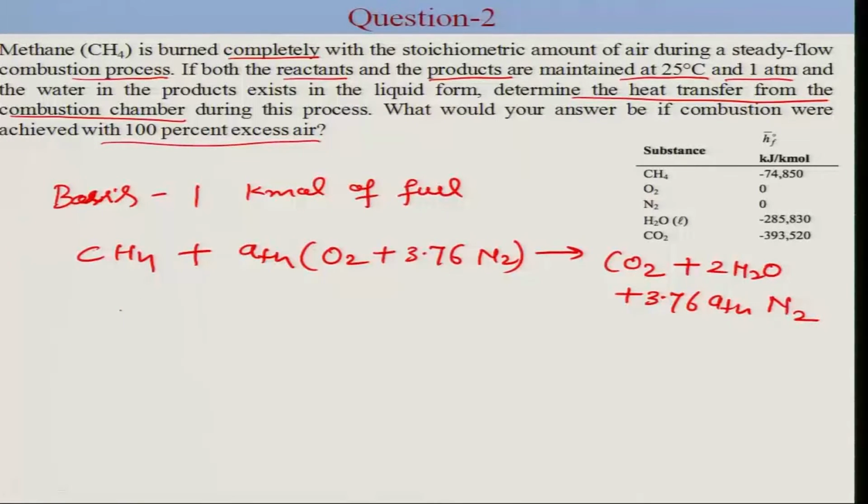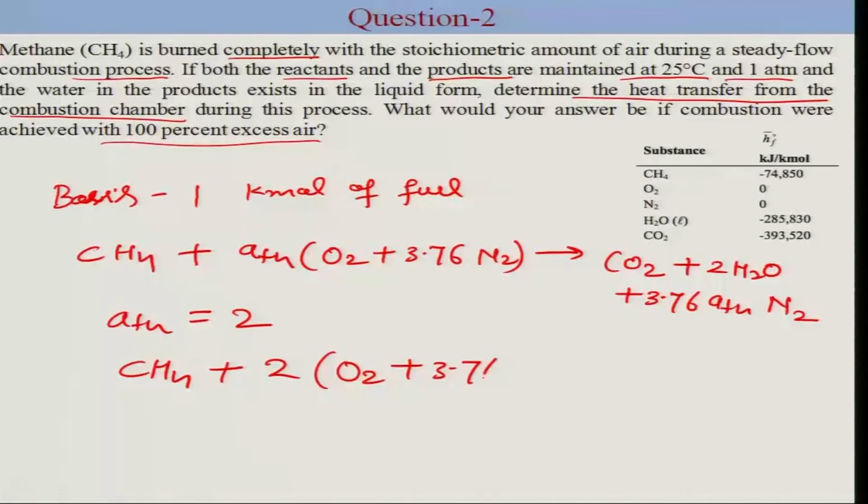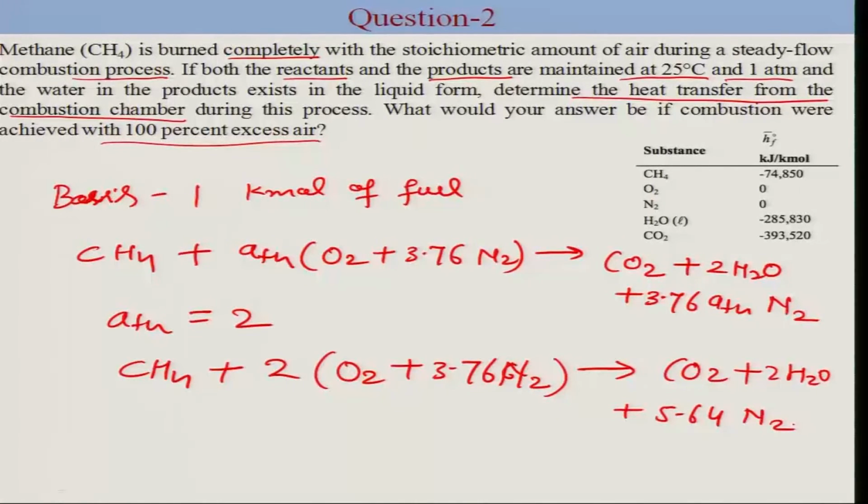From mass balance, A theoretical equals 2. After substituting, we get CH4 plus 2 times O2 plus 3.76 nitrogen gives CO2 plus 2H2O plus 7.52 kilomole of nitrogen. But we have to determine the amount of heat coming out of the combustion chamber.